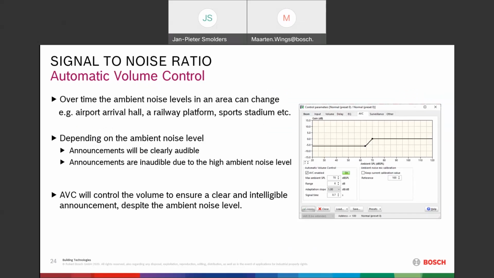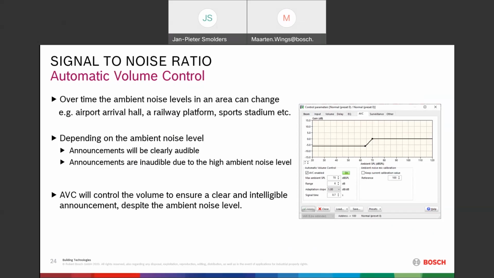So there's a time indication. And of course the range that the volume has to be increased, like you see here, 6 dB, and the slope that it will go from, let's say, -6 to 0 dB in steps of increasing the SPL level, the volume.